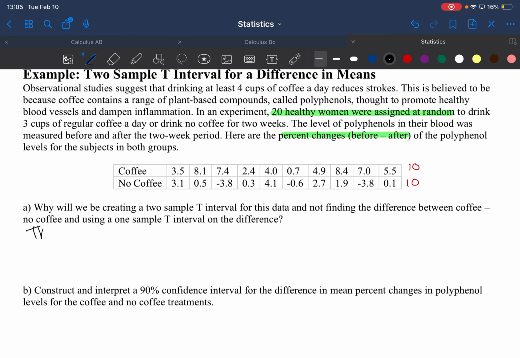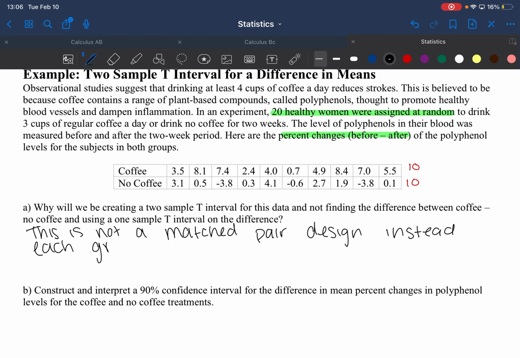Okay, so we're going to write that this is not a matched pair design. Instead, each group was randomly assigned a treatment.